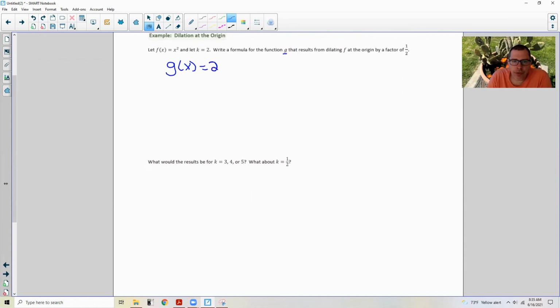So that's going to go out in front of the f. Okay, and then we're dilating f at the origin. So this goes inside. So dilating f at the origin by a factor of 1/2 would be this.